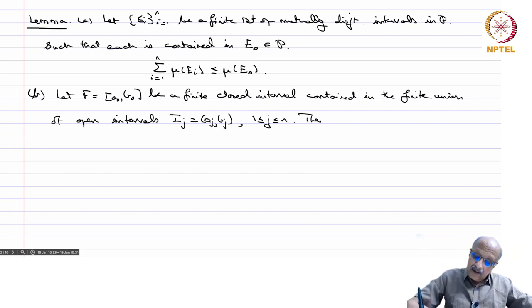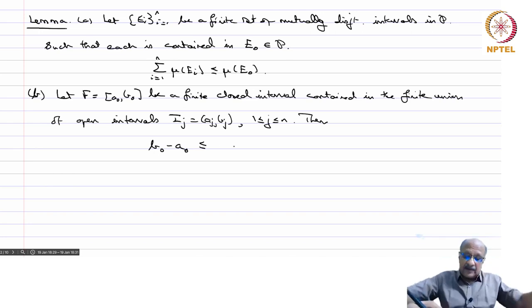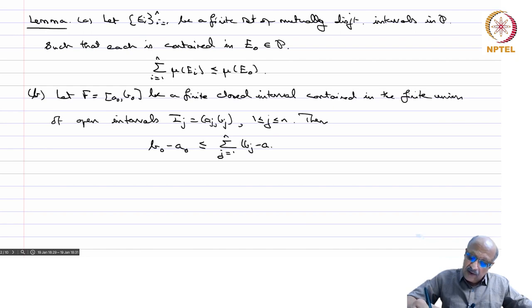Then again, more or less obvious, b naught minus a naught, the length of that interval, is less than or equal to the sum of the lengths of all these intervals, so the sum over j equals 1 to n of bj minus aj.